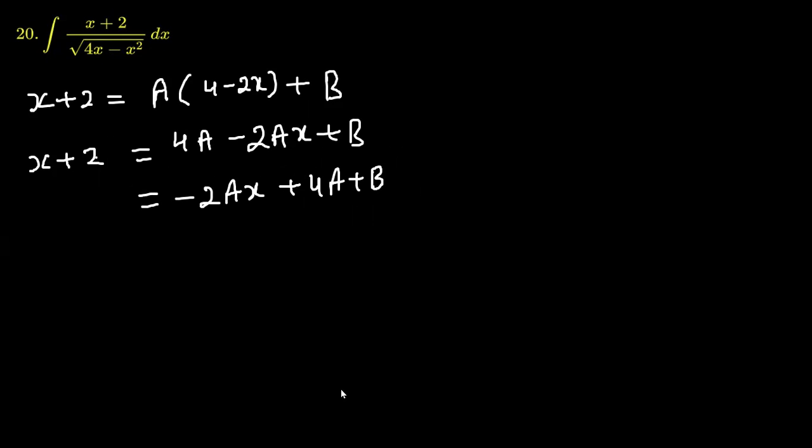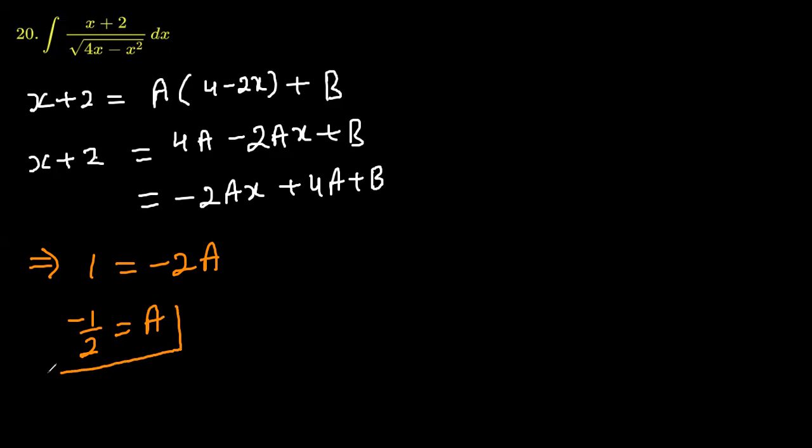We can say the coefficient of x, which is 1, is equal to negative 2a. If 1 is negative 2a, you can say a is equal to minus 1 over 2. And similarly, 4a plus b is equal to 2.